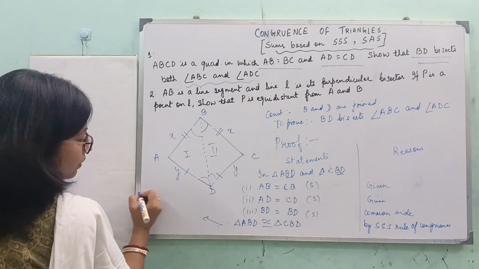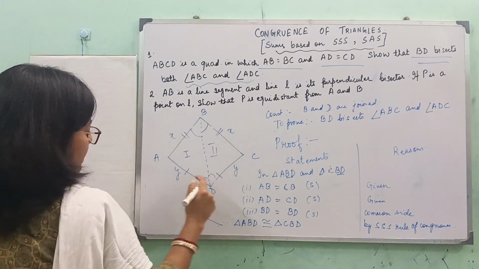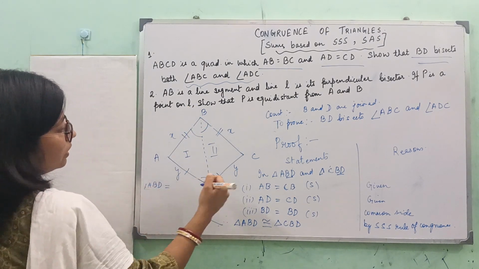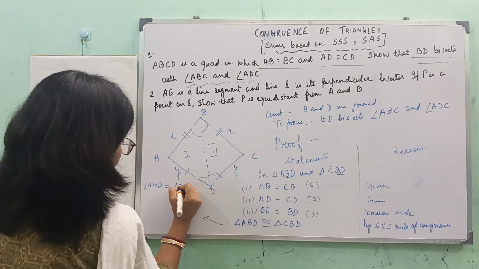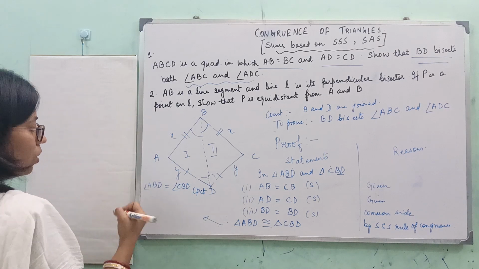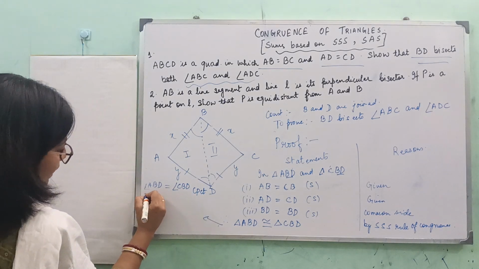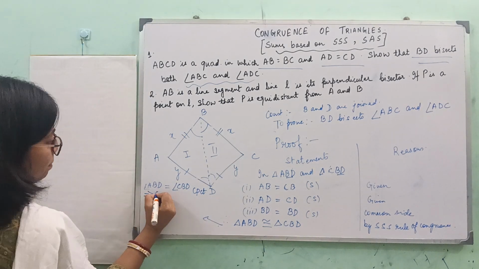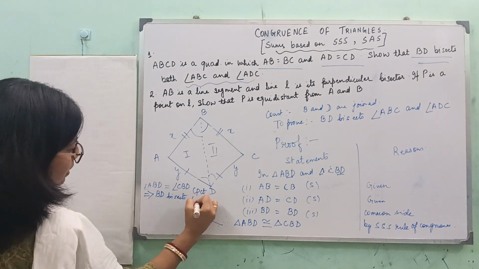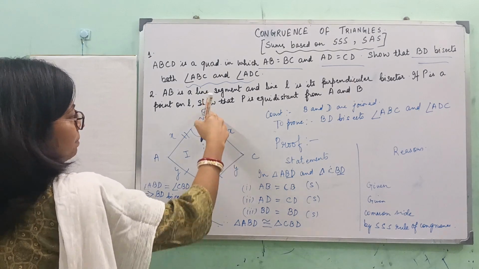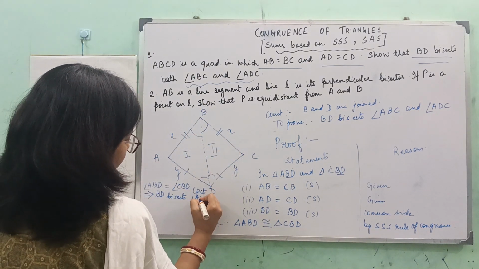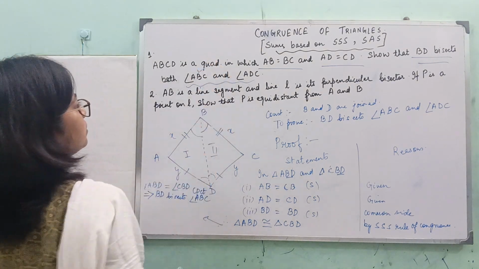So here we can say that angle ABD is equal to angle CBD. Reason? CPCT. This implies BD bisects. So ABD and CBD are equal. That means BD is bisecting ABC. So this part is done.